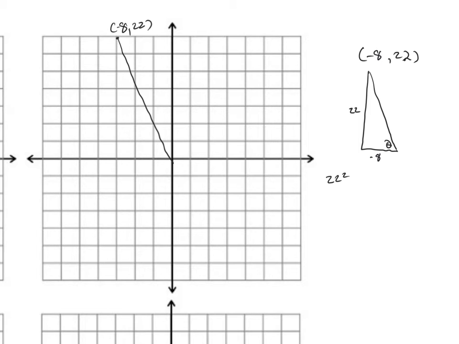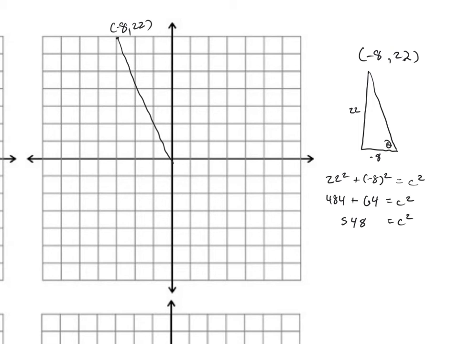So I'm going to use my Pythagorean theorem. 22 squared plus negative 8 squared equals c squared. 22 squared gives me 484 plus 64 equals c squared. This gives me 548. I do not know if that has a perfect square in it, but I'm going to try.